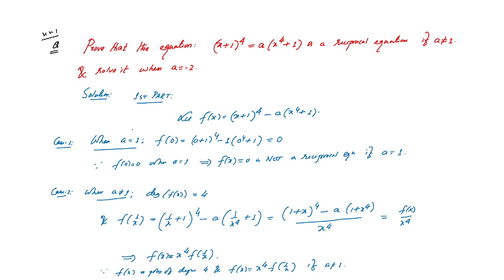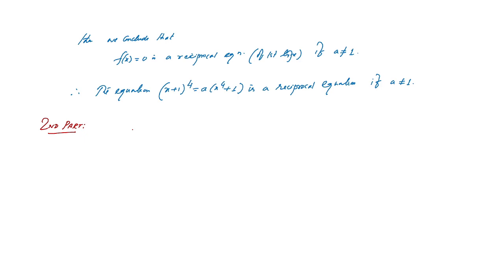If we consider a = -2, so -2 is basically not 1. That is basically the reciprocal equation in that case. So in that case we will solve the problem. So when a = -2, the equation is (x + 1)^4 + 2(x^4 + 1) = 0.